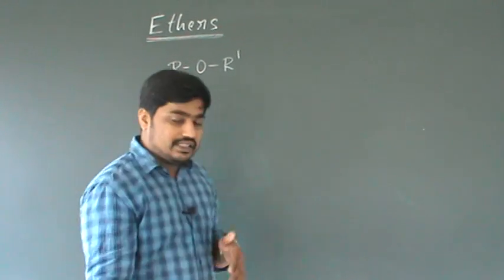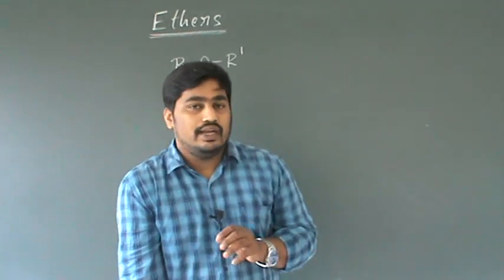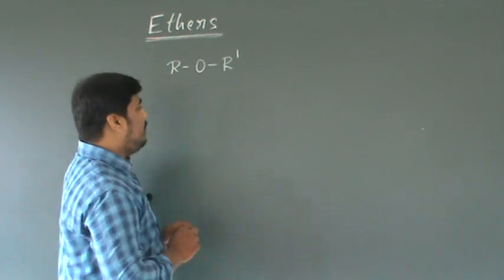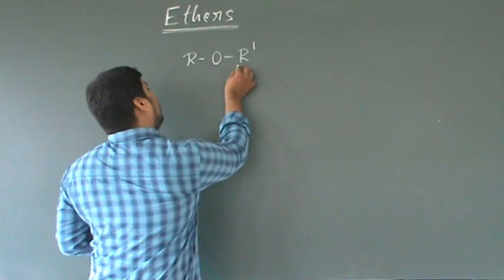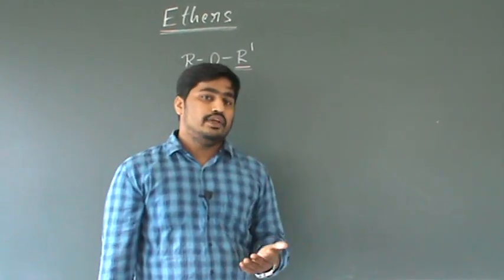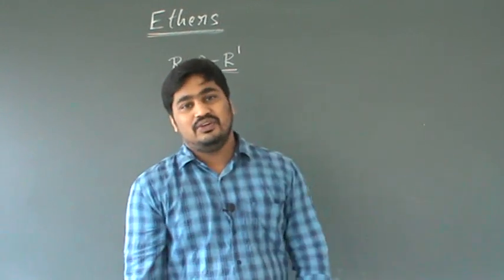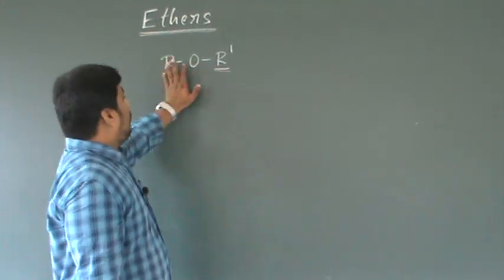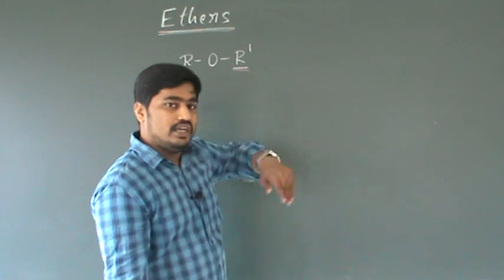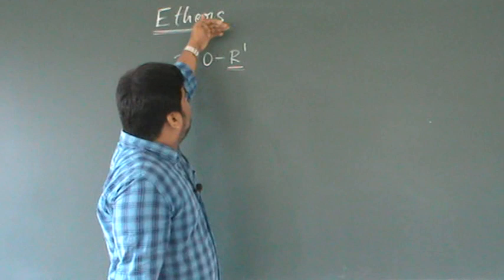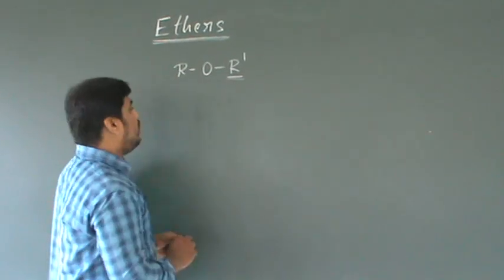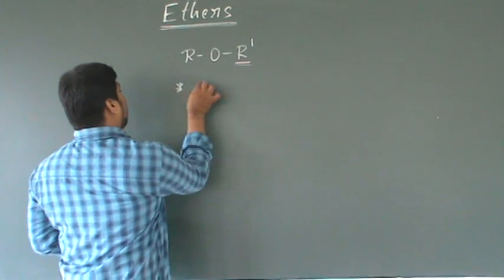In this case, there are differences we observe, and there are two important classifications of ether, depending upon the nature of the alkyl or R group attached. Depending upon this R dash, the ethers are classified into two.